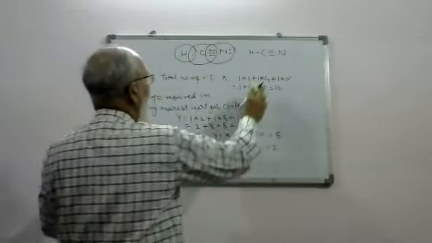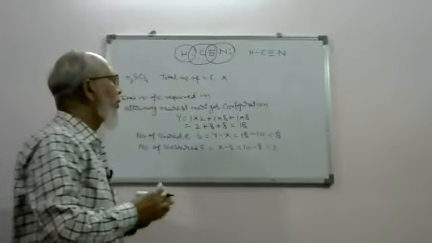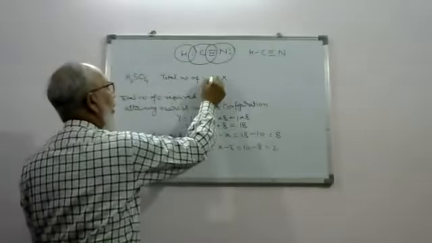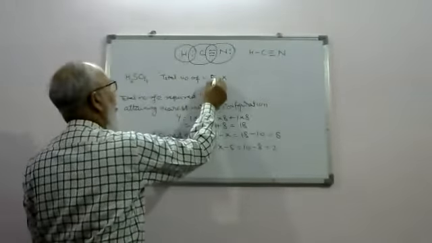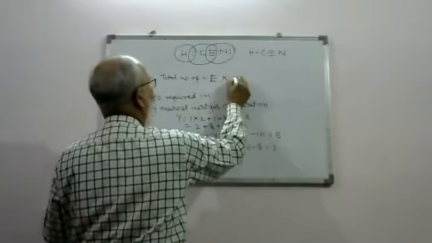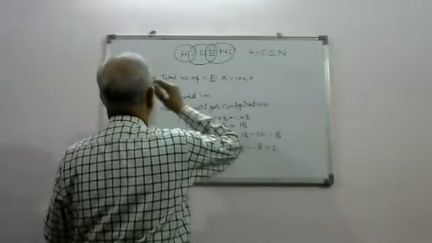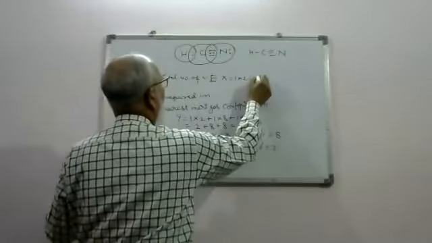In H2SO4, total number of valence electrons, this X, is equal to hydrogen 1 into 2 plus 1 into 6.